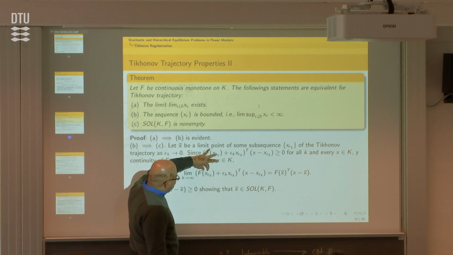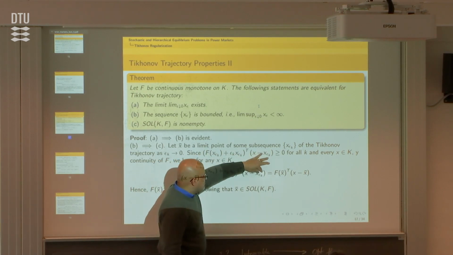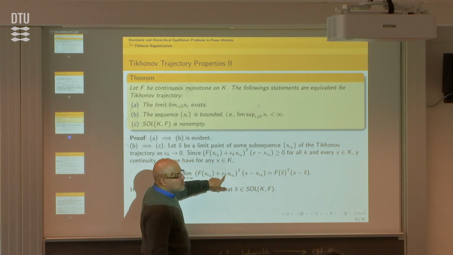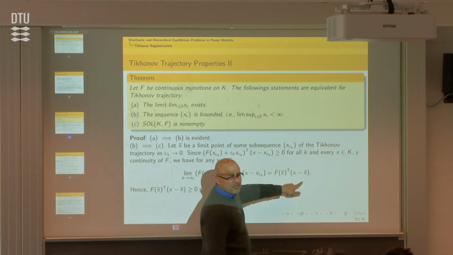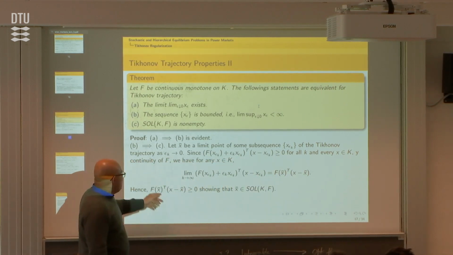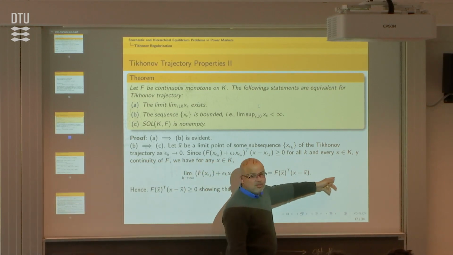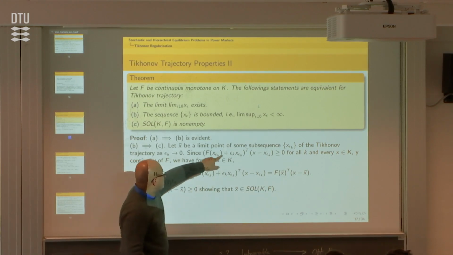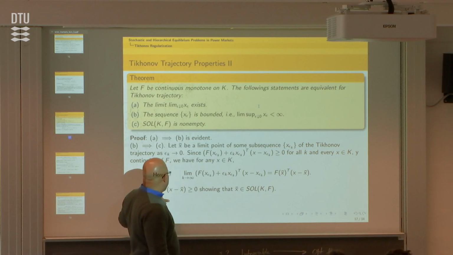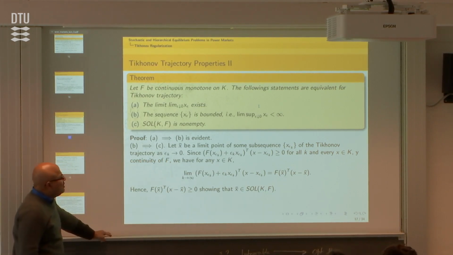This goes to x bar, this goes to x bar, this goes to x bar. And what happens to this? This goes to 0. So you're left with f of x bar transpose x minus x bar. But we know that this was always greater than or equal to 0, because the whole thing was always non-negative from here. Which means that f of x bar transpose x minus x bar is non-negative, which means that x bar lies in the solution set of the problem.